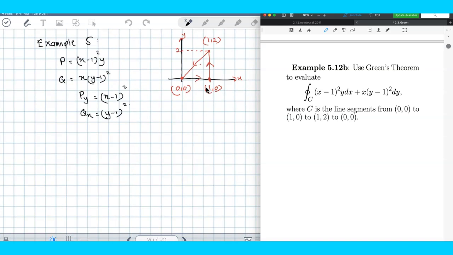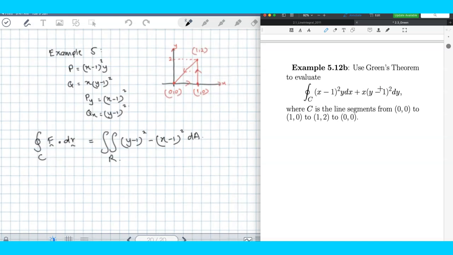So your line integral of F dot dr is given by the double integral of Qx minus Py, which is (y minus 1) squared minus (x minus 1) squared, dA over the region.